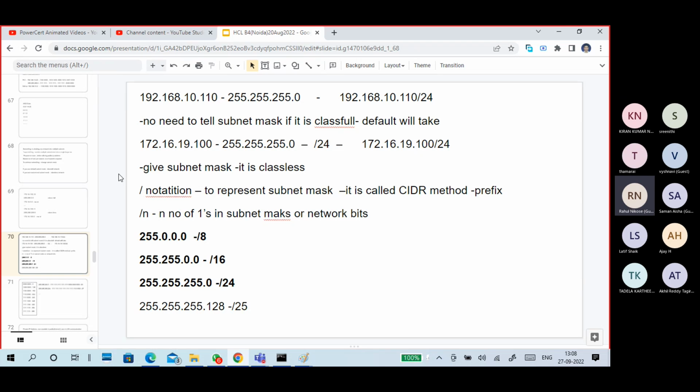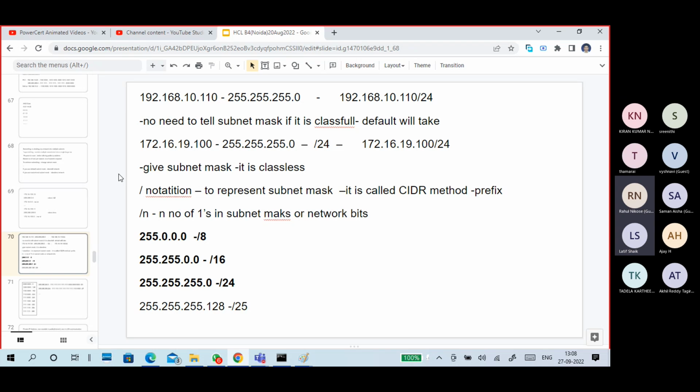Or sometimes you can tell like this. Okay, so you are trying to assign an IP address, or you have to configure something for an IP address. In that one, compulsory you have to tell your subnet mask. So what you do? 192.168.10.110, and the subnet mask is 255.255.255.0.